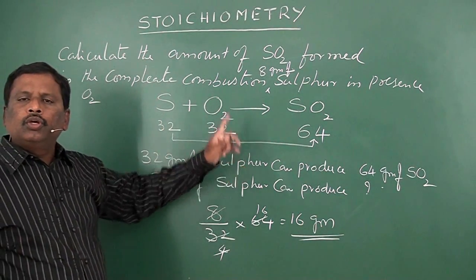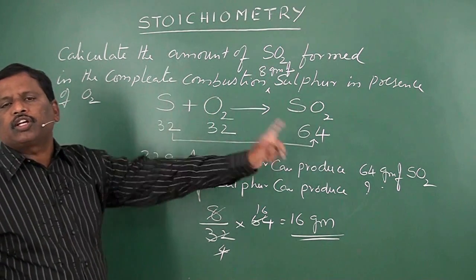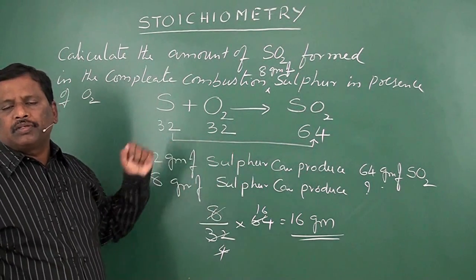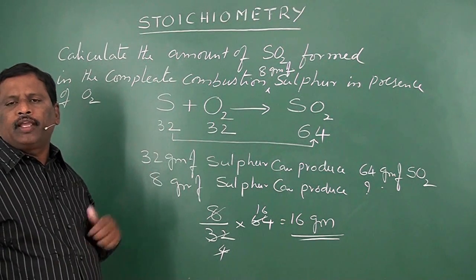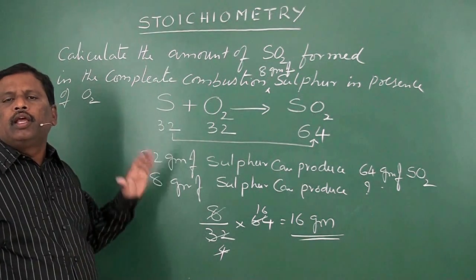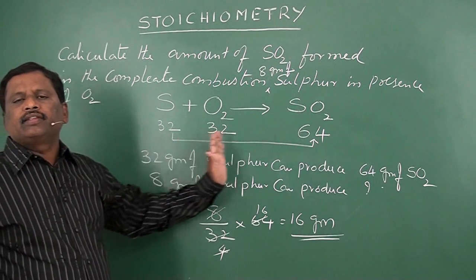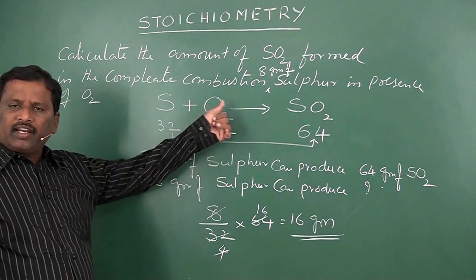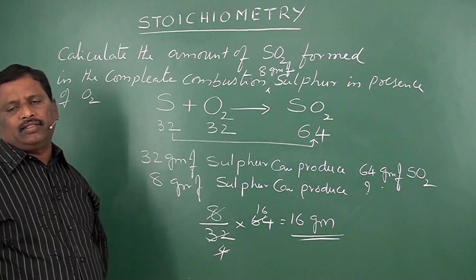Then see what relation they are asking in the problem: with which element to which compound, or which compound to which compound. So mark those two. Then write down the step according to that stoichiometric equation: how many grams of that reactant is comparing with how many grams of product. Then write the required calculation and calculate like this.